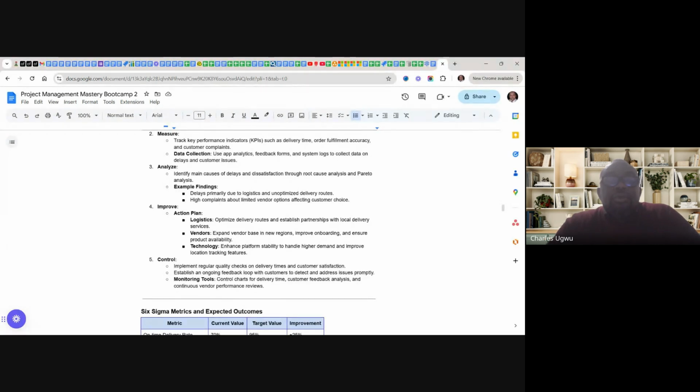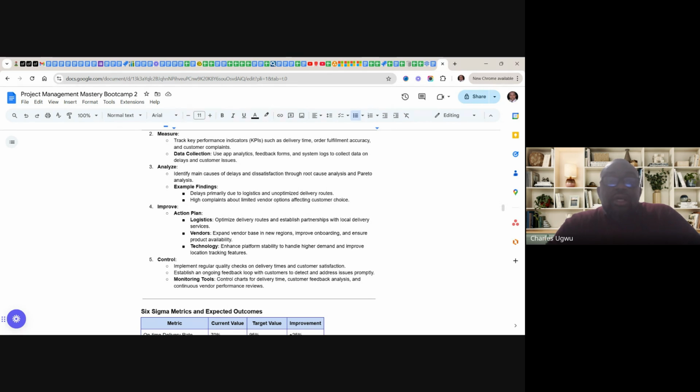And improve, that is action plan. Number one is logistics, optimize delivery routes and establish partnership with local delivery service. Vendor, expand vendor base to new region, improve onboarding and ensure product availability. And technology, ensure platform stability to handle high demand and improve local tracking features.